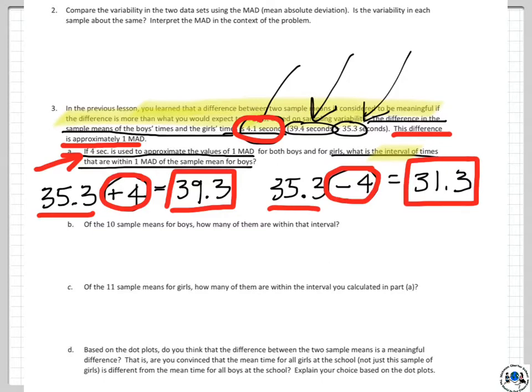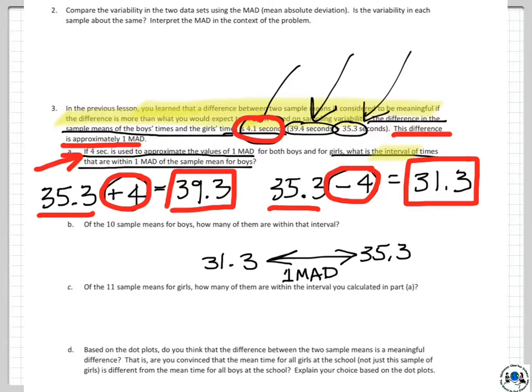So what this is saying: we have 35.3 as our mean, here in the middle. From 31.3 to 35.3, that is 1 MAD, or mean absolute deviation.